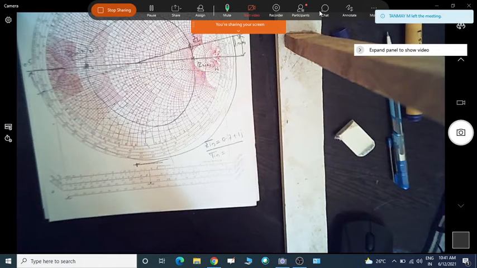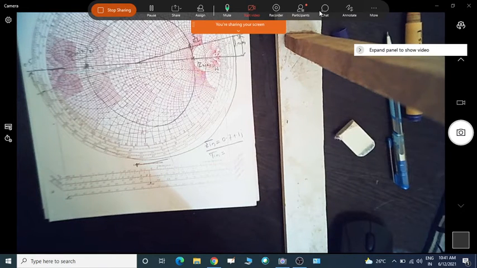Is it 0.2? And Z max normalized, is it 5? Have you got it or not?